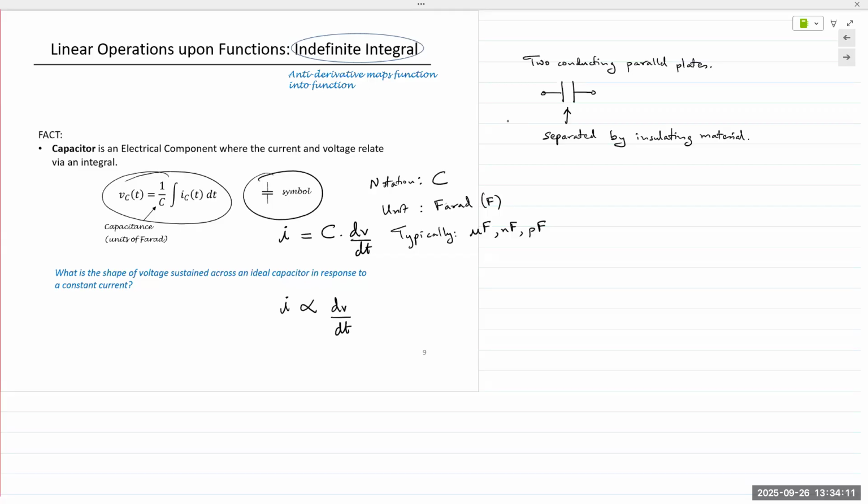If you put the two palms of your hands together, they're separated by air, and so we can say I have a capacitance between the two palms. Capacitance will be very, very small, but it'll still be present. If you have two conducting plates separated by an insulating material, between those plates, you have capacitance.